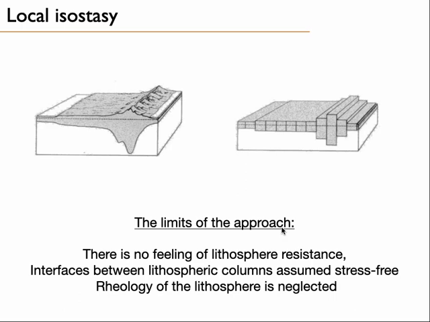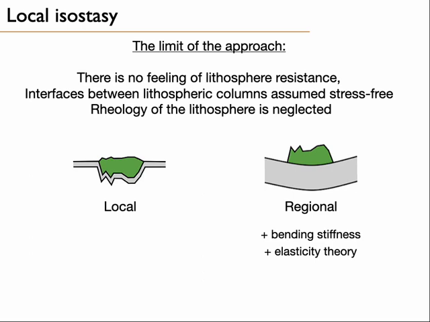But the limit of the approach is that there is no feeling of lithosphere resistance to deformation. The interfaces between the different lithospheric columns are assumed to be stress-free, so they would slide past each other without resistance. The overall rigidity of the lithosphere is not included in this model. And in fact, this model of local isostasy will not apply to all examples on Earth.